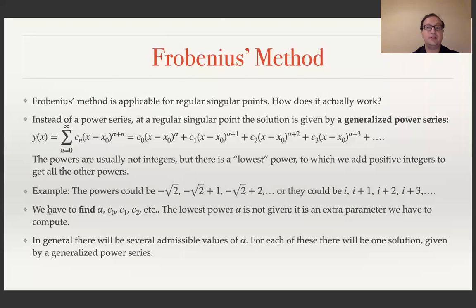So now part of the problem is that we have to find the lowest power alpha, together with the coefficients C0, C1, C2, etc. in the power series. So we have one more unknown, the smallest power alpha. And in general, there will be several possible values of alpha, and for each of these values, there will be a valid solution.